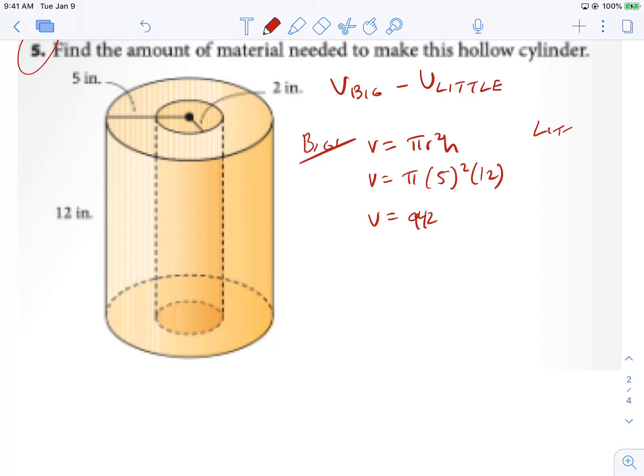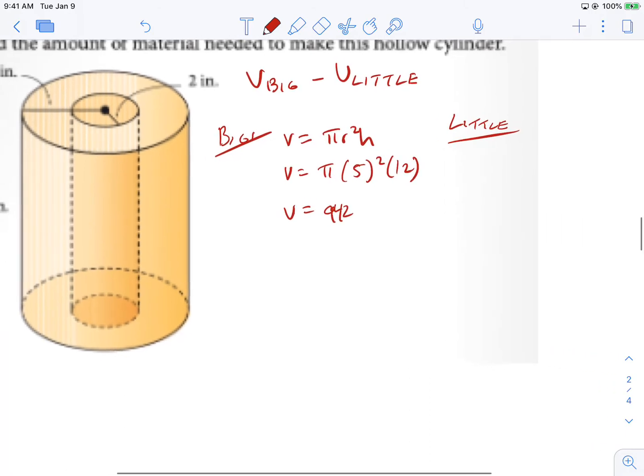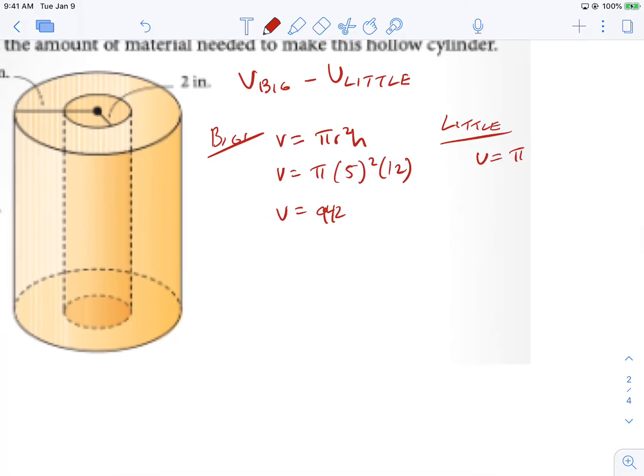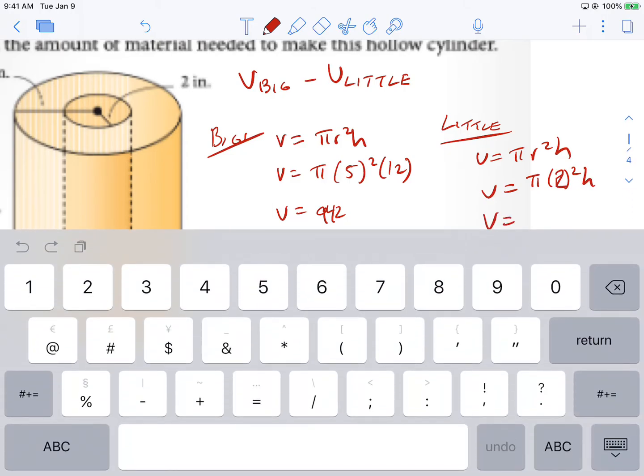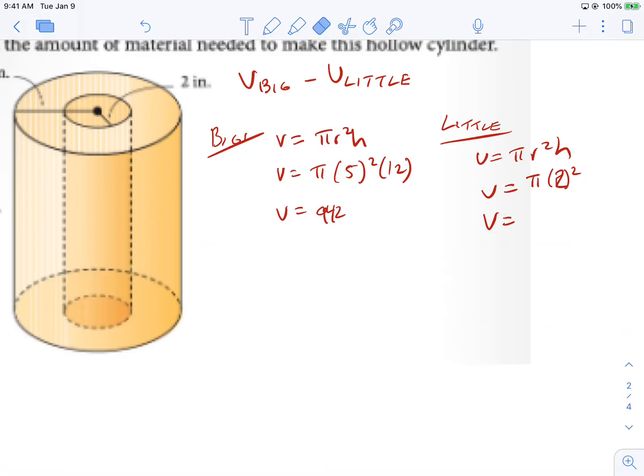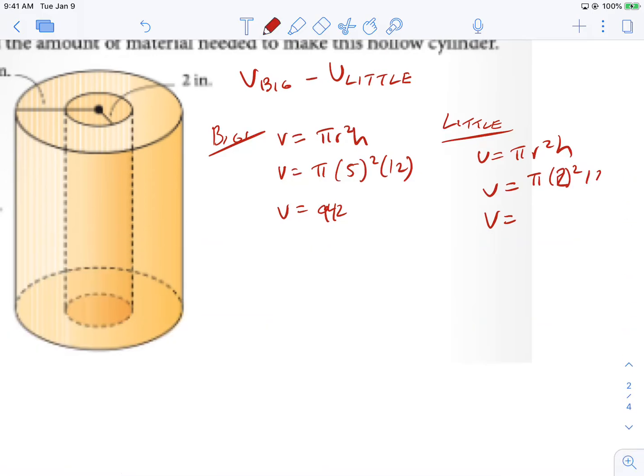And then the little one, so we have pi r squared times h, but now our radius has changed. Sorry, not 3 squared, 2 squared times h, and our h there is again 12. Perfect.